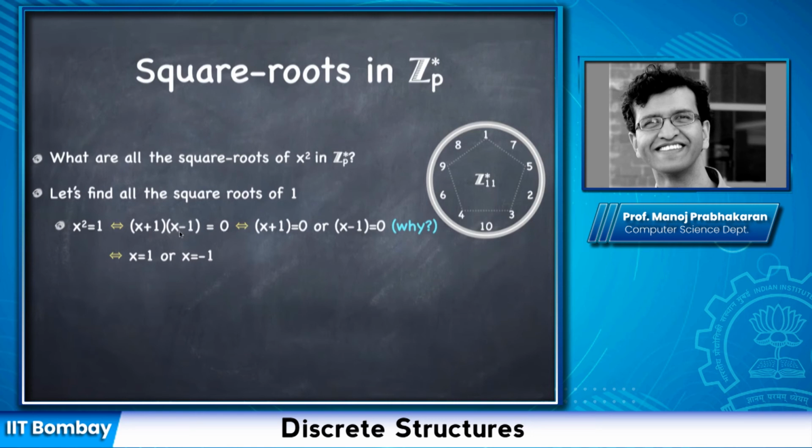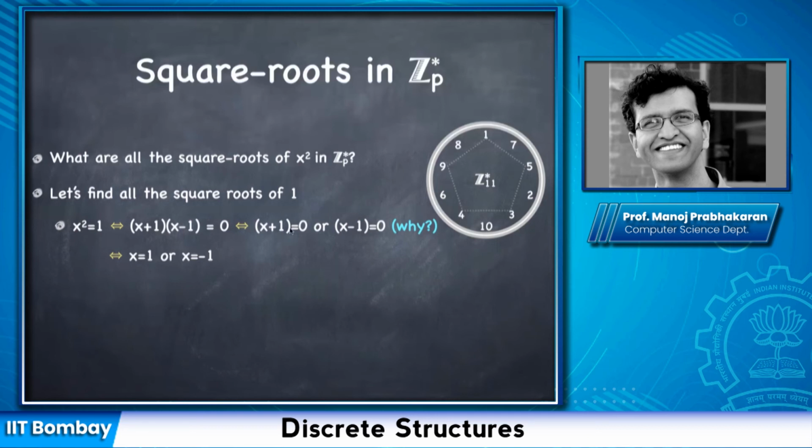They're a product of two numbers which is a multiple of p, or p divides the product of two numbers, so it must divide either this number or that number, right? So we are relying on p being a prime, right? So either x plus 1 equals 0 or x minus 1 equals 0. And of course, or both, but in this case, that's not going to happen for p larger than 2.